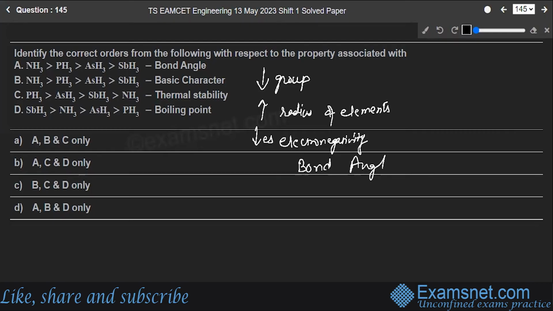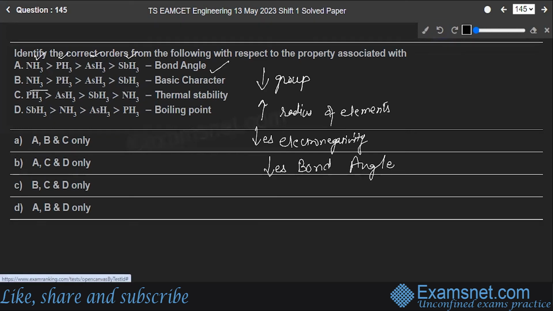With that, the bond angle also decreases. So you have first NH3 followed by PH3, AsH3, and then SbH3. This is right. Next, you have NH3, PH3, AsH3, and SbH3 in terms of the basic character.